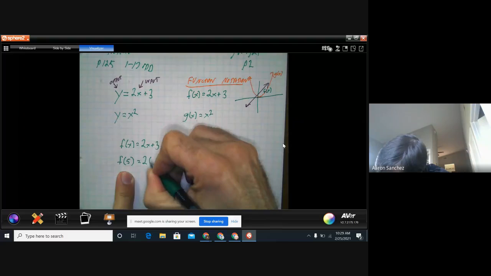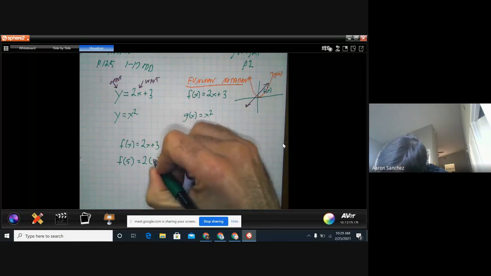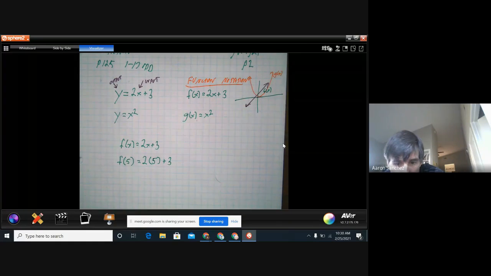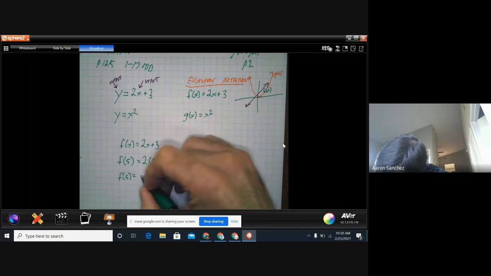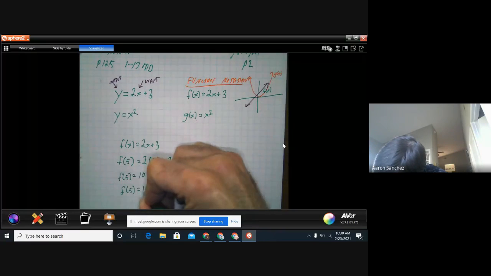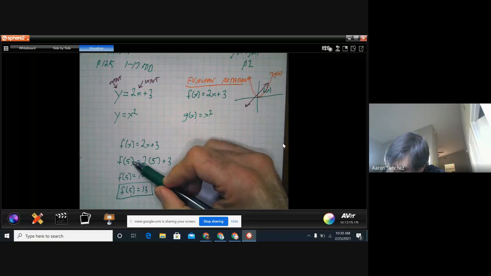So instead of 2x plus 3, I plug in 5 and say 2 times 5 plus 3. 2 times 5 is 10, plus 3 is 13. So I would say f of 5 equals 13. That means when I plug 5 into my equation, it equals 13. So that's another thing. Function notation lets us plug in a number and tells us what to plug in for x.